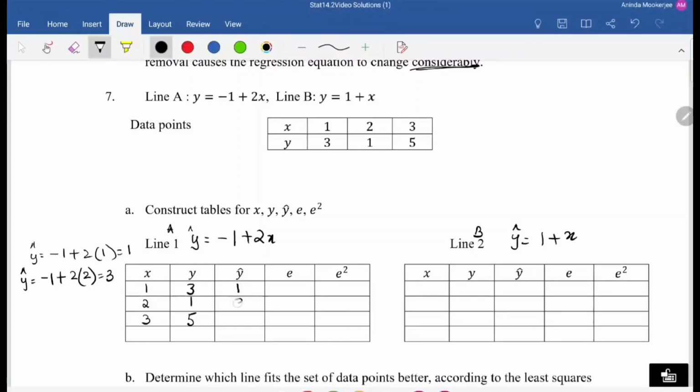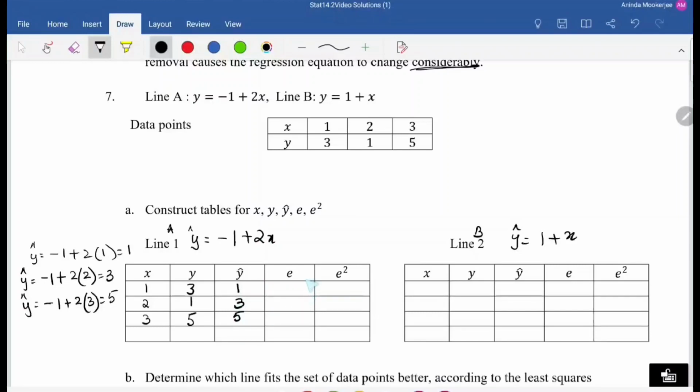So our y hat value will be 3 for the second row. And then the last one is y hat equals negative 1 plus 2 times 3, which is negative 1 plus 6, which is 5. So you write your y hat values.